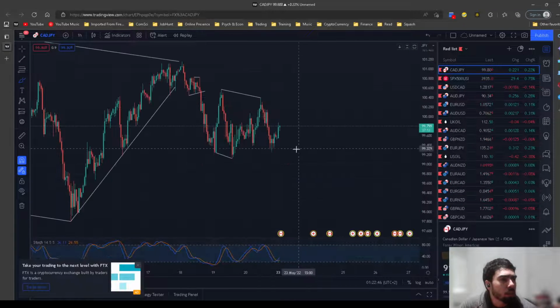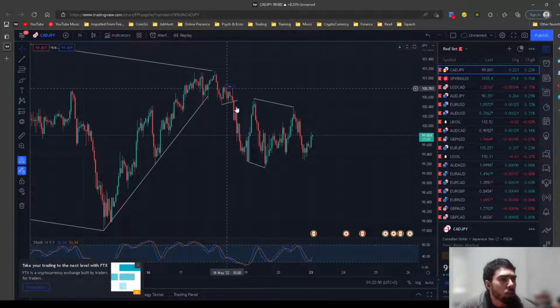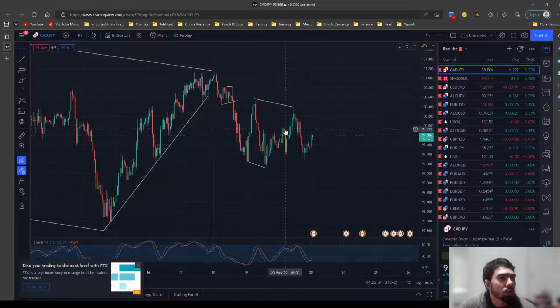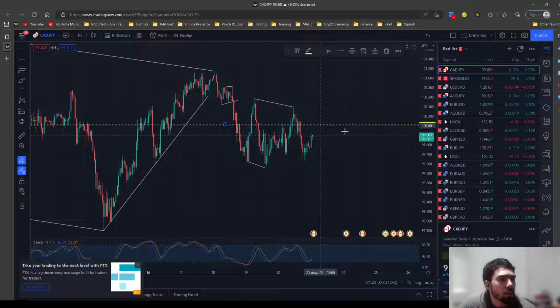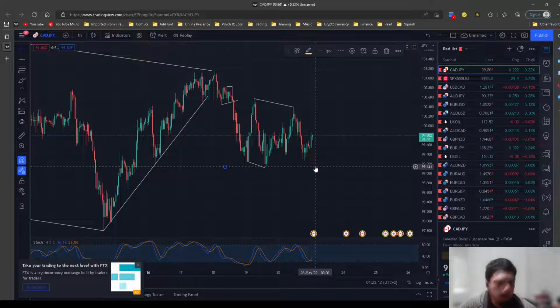At the moment, I'm just looking at CAD-EM. So we were looking for downside. I was expecting a larger correction, so I got in at about that level, which I think might be a bit premature. I think we should wait until we break this low to confirm that this is a valid trade to get in.